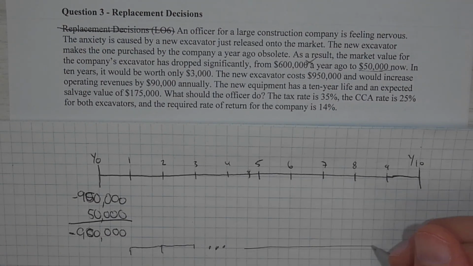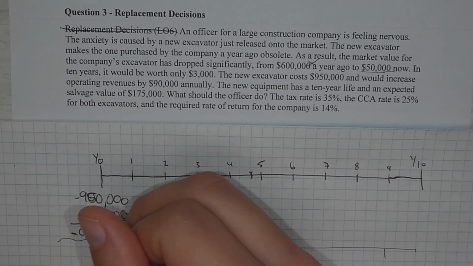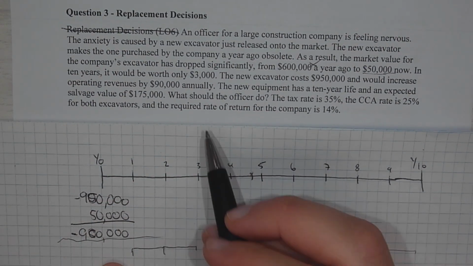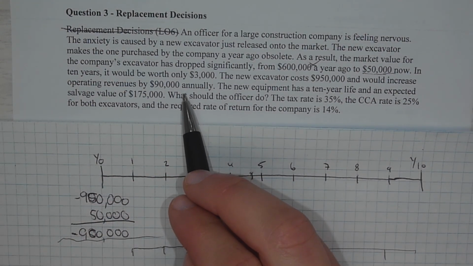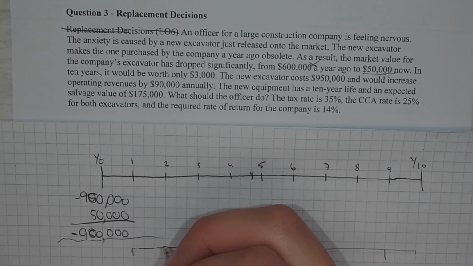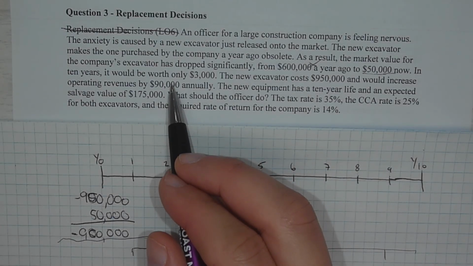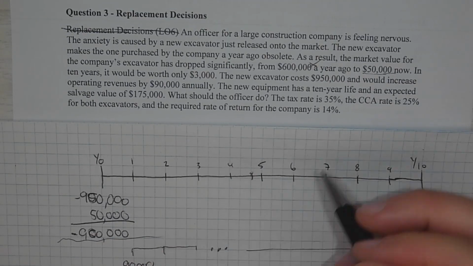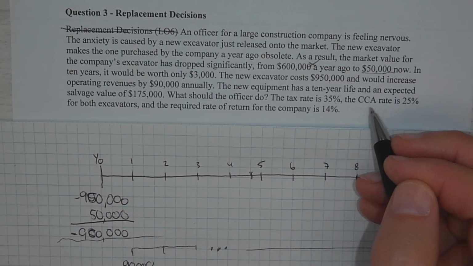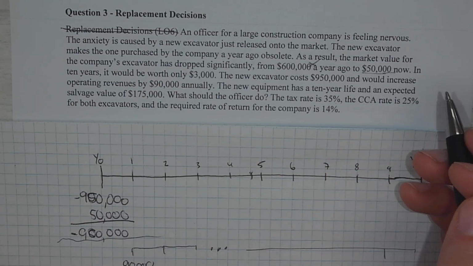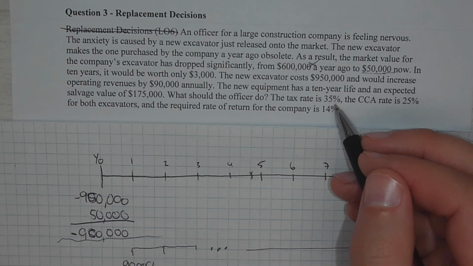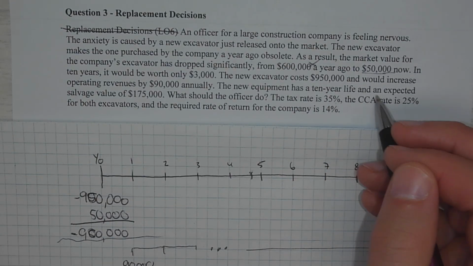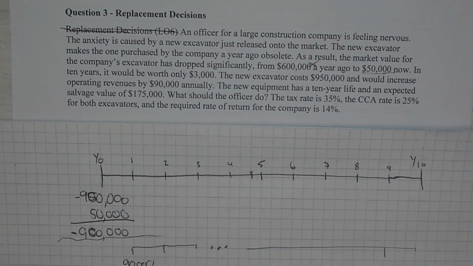So this annuity now is going to be savings of $90,000 annually. Pardon me, new revenues of $90,000, so it increases revenue. But we pay taxes. Now I know that we can write some of the taxes off, but what we would like to do is do that using the CCA tax shields, one calculation.